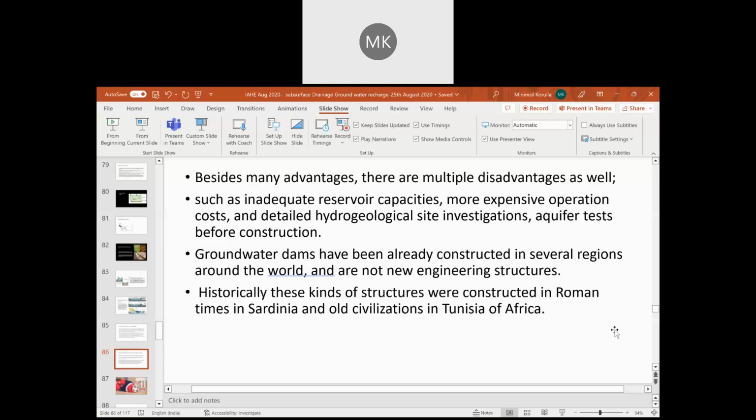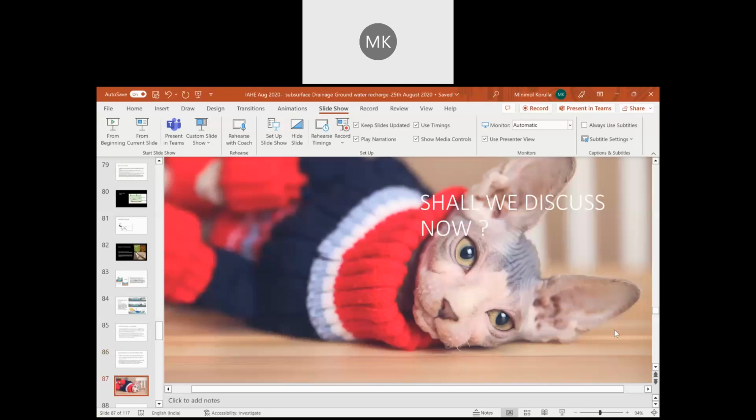So this is an indicative diagram which is showing how a particular area can be recharged with some wells and pipes.